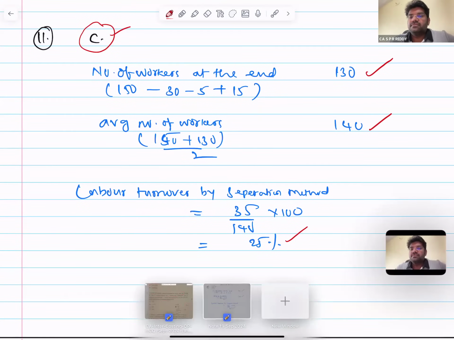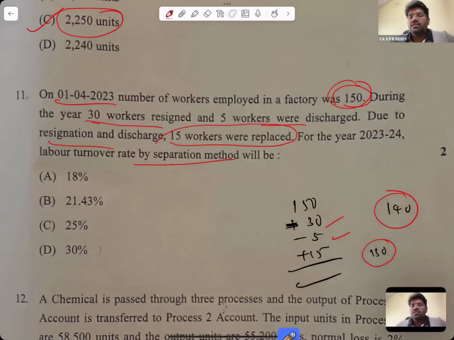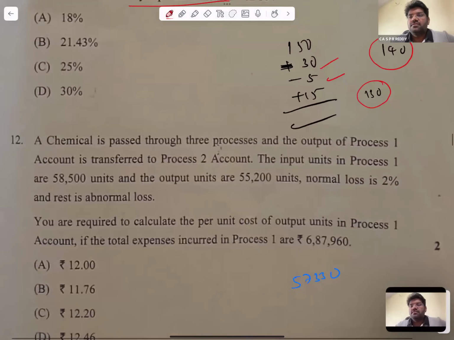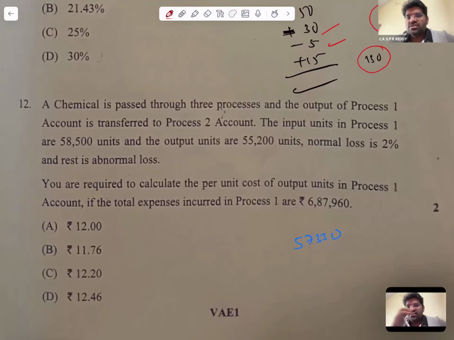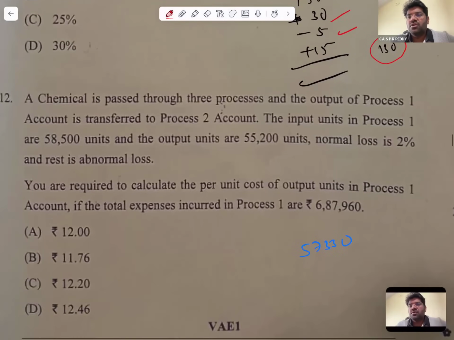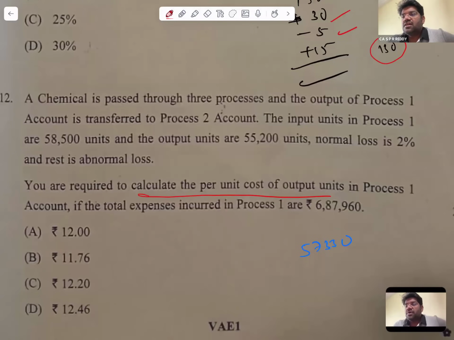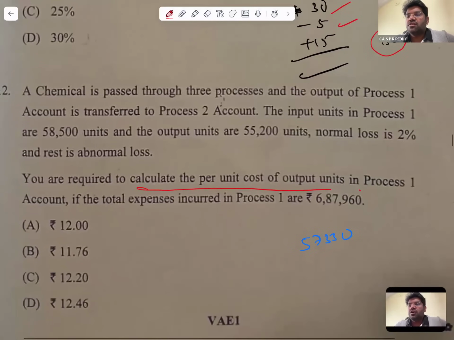Next question. Question number 12. This question again was relating to process costing only. The requirement is to calculate the per unit cost of process 1. So average cost per unit you need to get. How do you get average cost per unit? Total cost of the process divided by input minus normal loss.